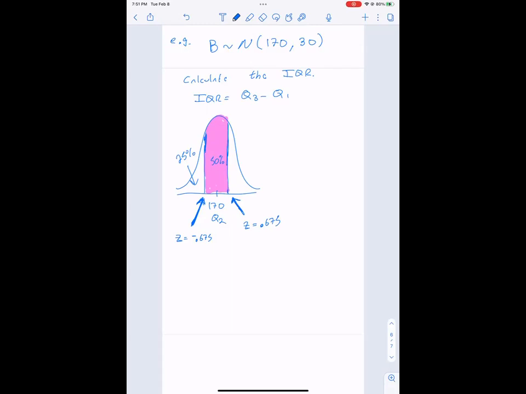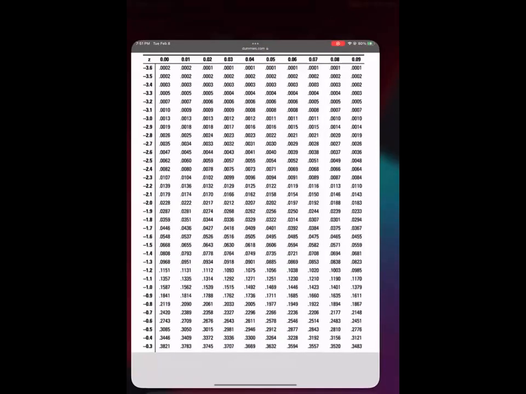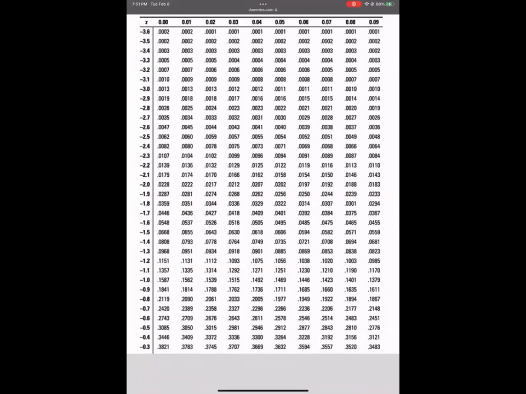Now, how did you get negative 0.675 though? From the table. No, I know you got it from the table, but why did you land on that number? I see like 300 numbers here, whatever it is. Just look at everything and find 0.25.